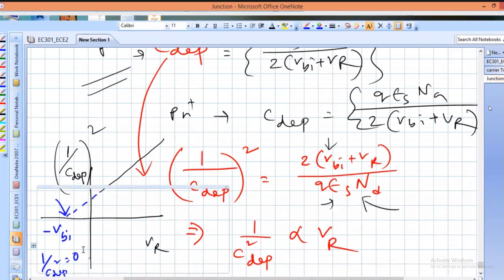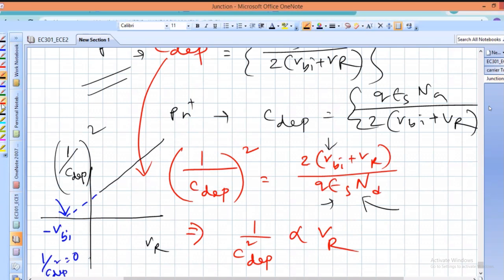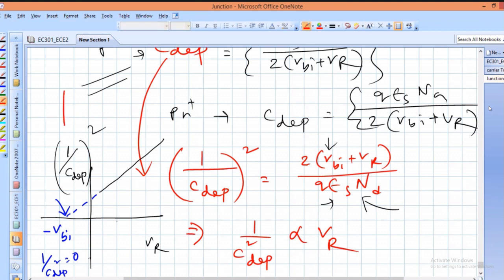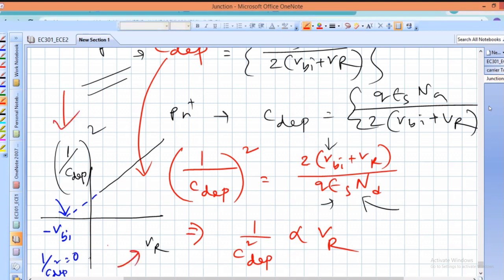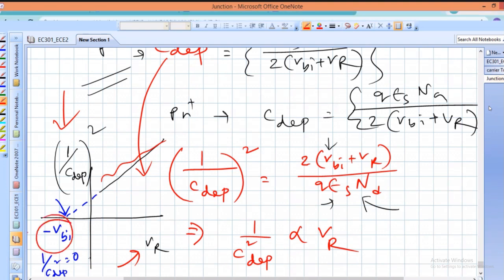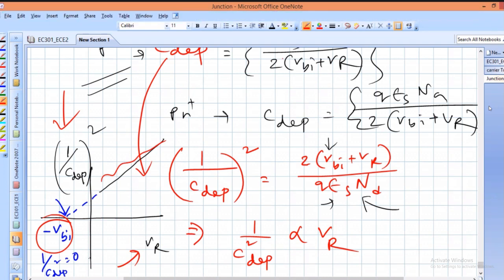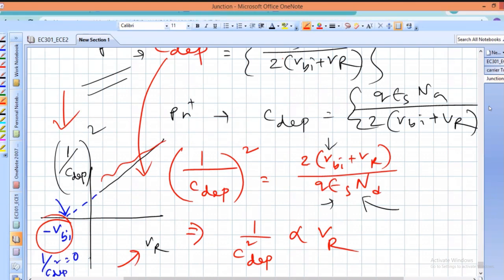So this is another way how you can get the contact potential by doing some experiment. In the experiment, we will observe the variation of the capacitance as a function of reverse bias voltage, and after that you will get this type of characteristic curve in your graph paper. You will extrapolate the curve in the negative x direction, and you will intersect the negative x axis to obtain the contact potential or built-in voltage.